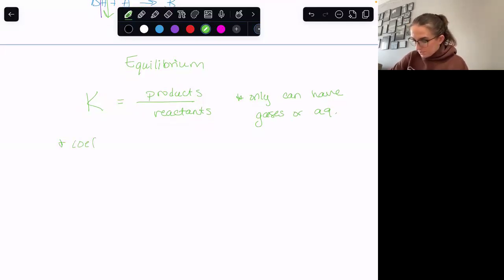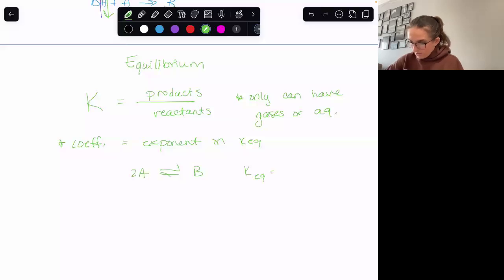Your coefficients equal the exponent in KEQ. So if we have 2A goes to B, then KEQ here is B over A squared, right? The 2 in the coefficient becomes the exponent in KEQ.